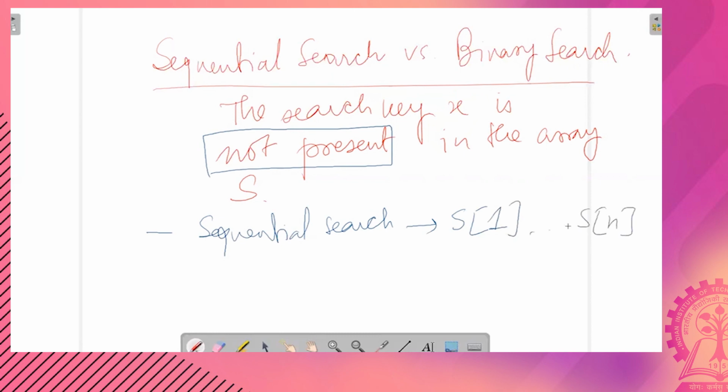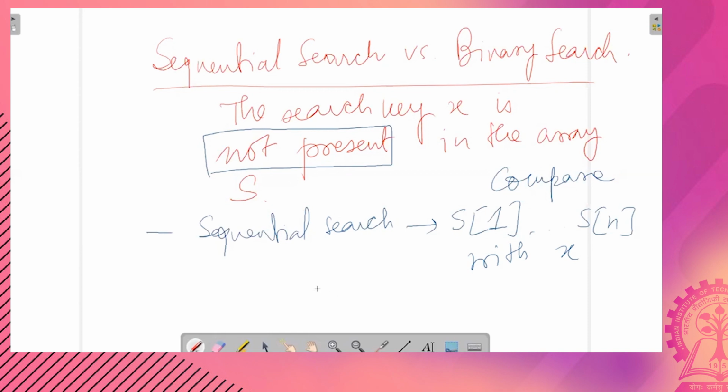You will have to compare each of S1 through Sn with X, right?